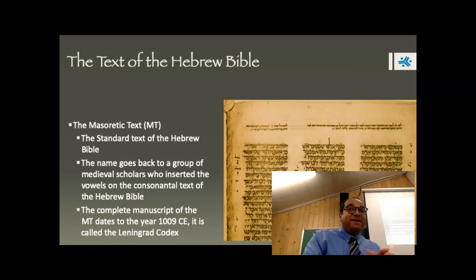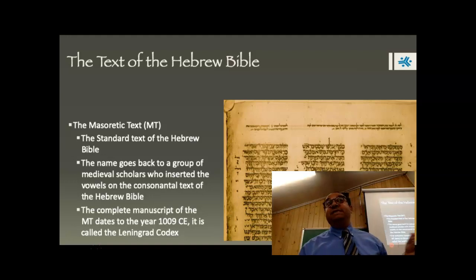That's the Masoretic text that any kind of translation that you have likely used as its primary source when they were translating the Bible or the Old Testament specifically into your own language. Does this mean that we don't have anything prior to that? That's not what I'm saying, but I'm saying that the complete manuscript of the Hebrew Bible or the Old Testament goes back to the 11th century CE.